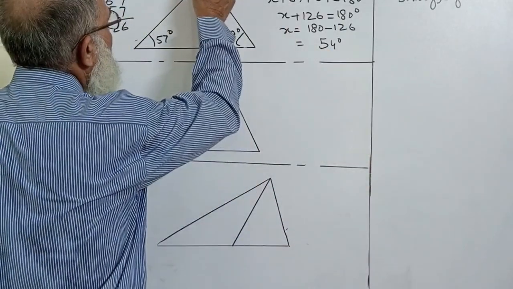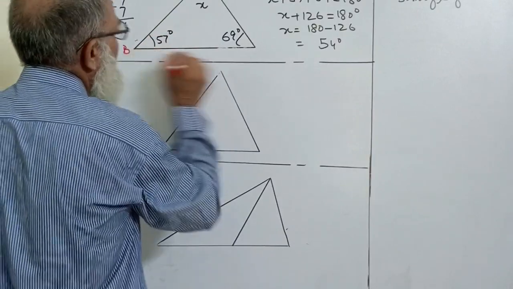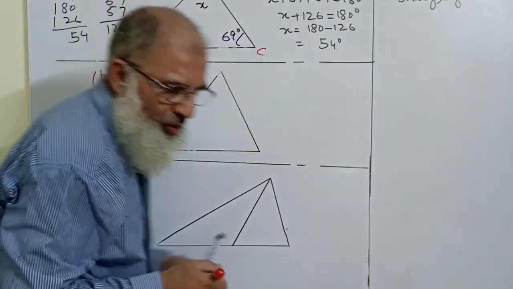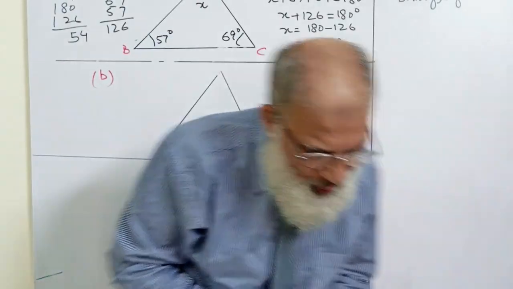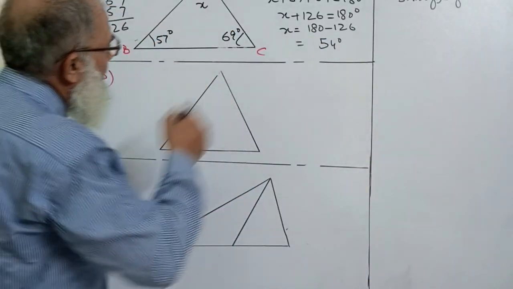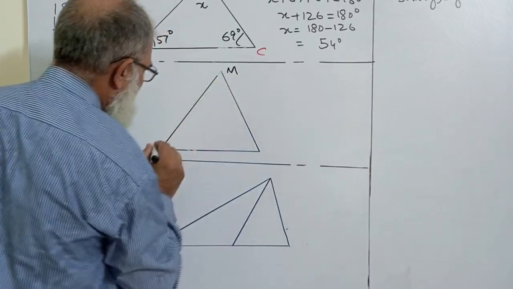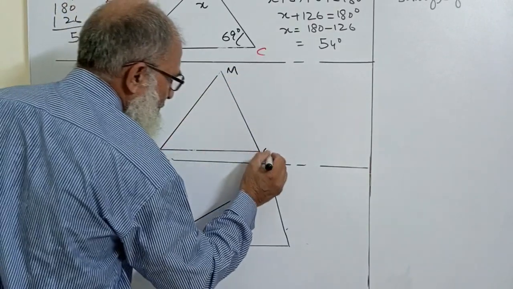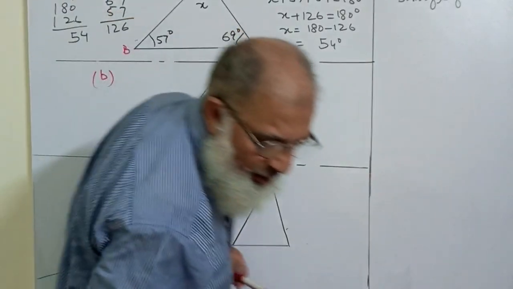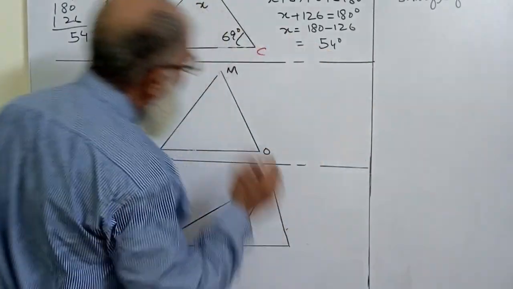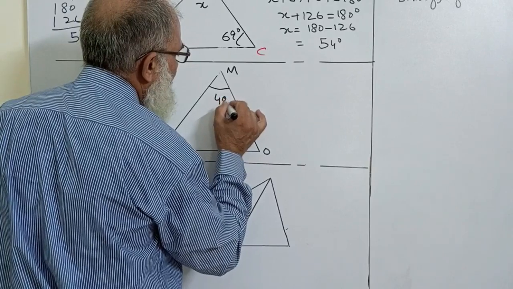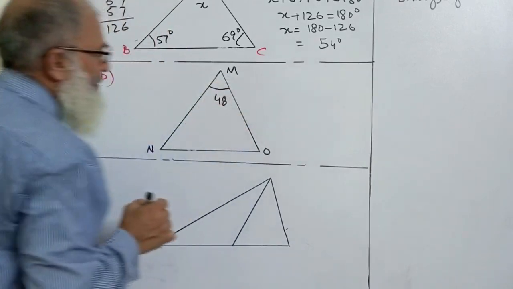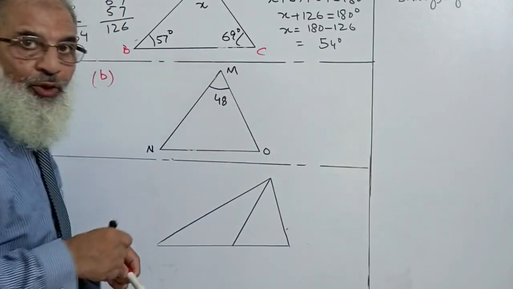It is also written here A, B, C. Okay, so M and O. Now it is 48 degree over here, and there is one clue as well.